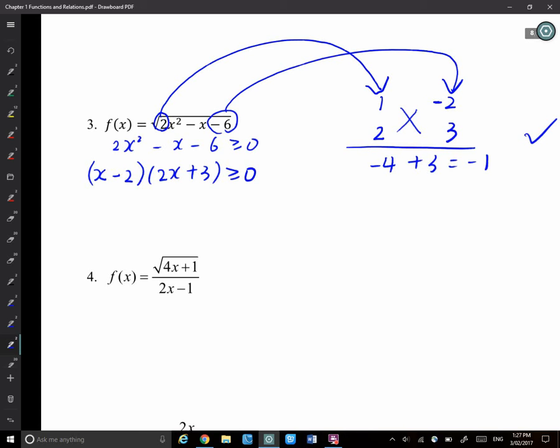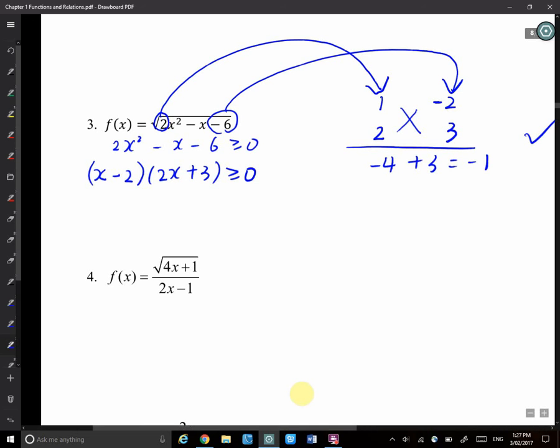The next thing I will do is sketch. Sketch the left-hand side. Remember, the right-hand side always needs to be 0. If I want to sketch the left-hand side, it is a quadratic. I have 2, 0 as the intercept, and I have negative 3 over 2 as the intercept.